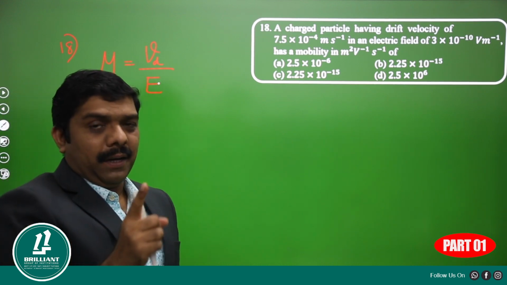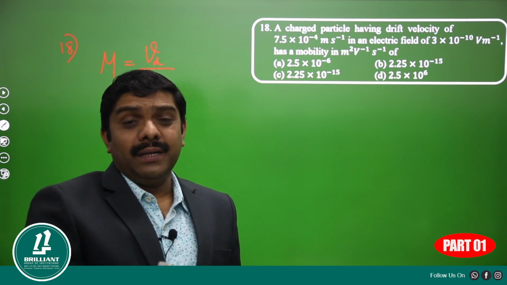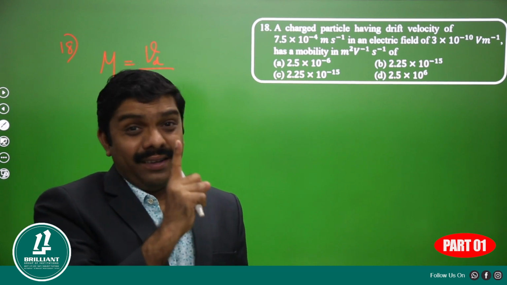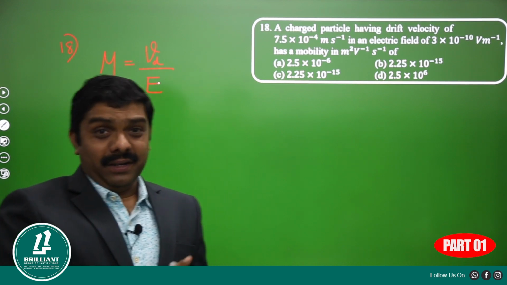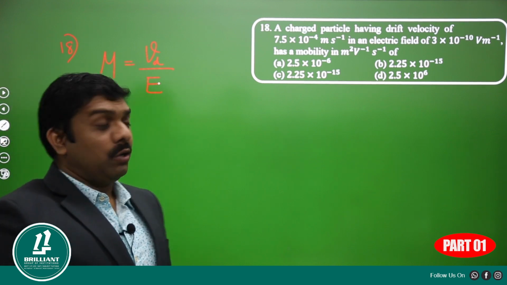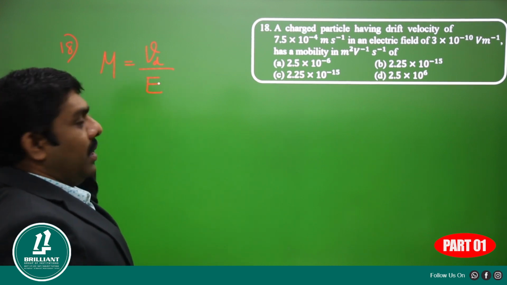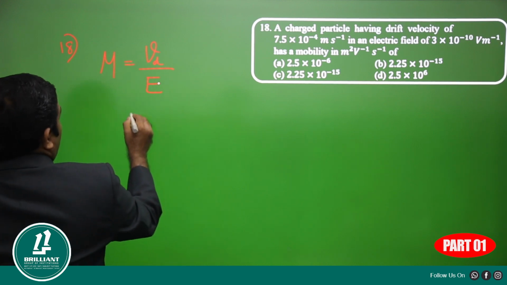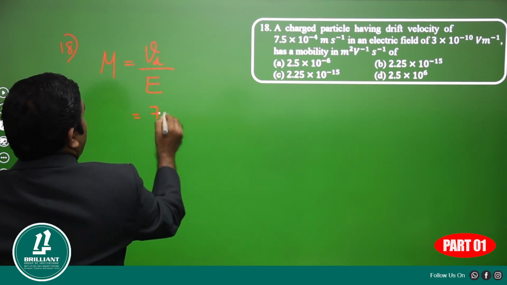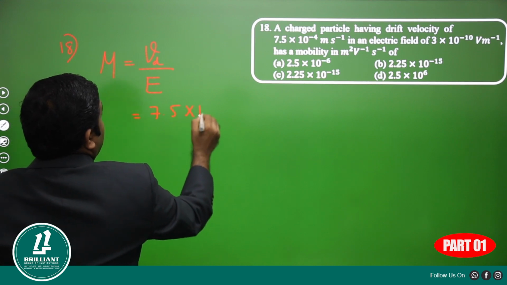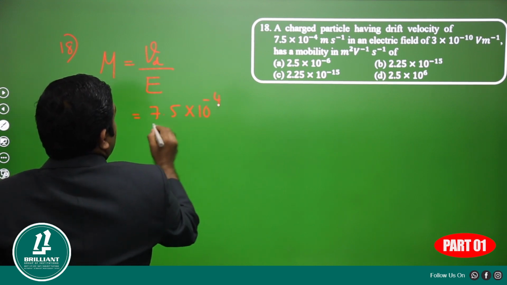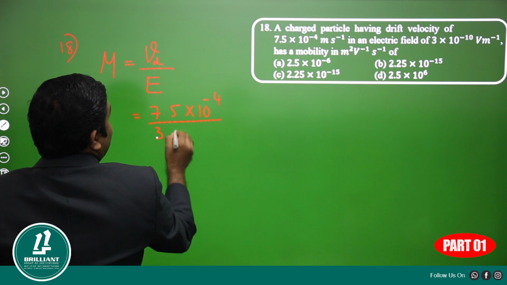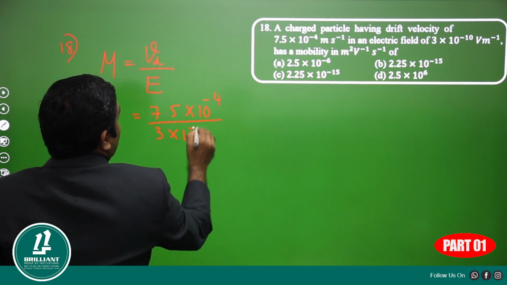It is in plus 2 part 1 chapter 3 current electricity, where we have mobility. Mobility is the ratio of drift velocity to the electric field. Direct question. So drift velocity given 7.5 into 10 raised to minus 4 by 3 into 10 raised to minus 10.